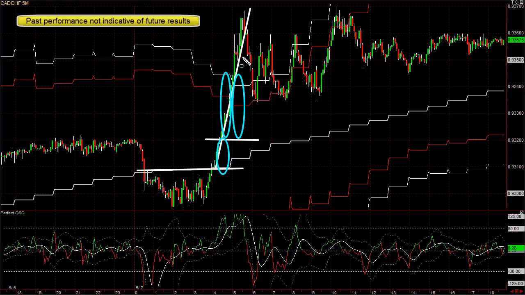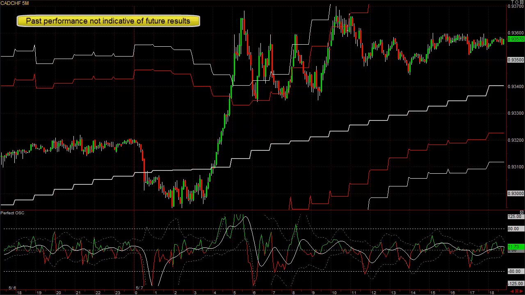In some cases it goes beyond the upper band, but you can see the risk is very low compared to the likely reward, and the reality of what happened was even probably almost double what the potential reward was.